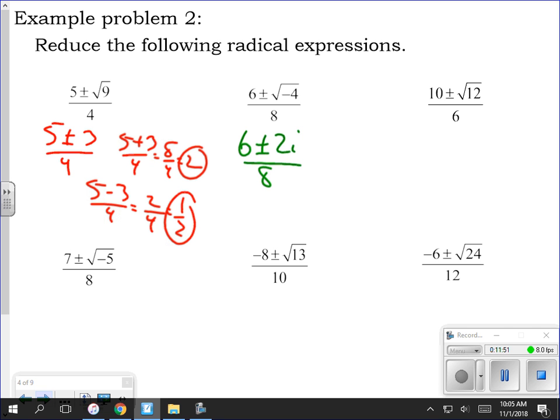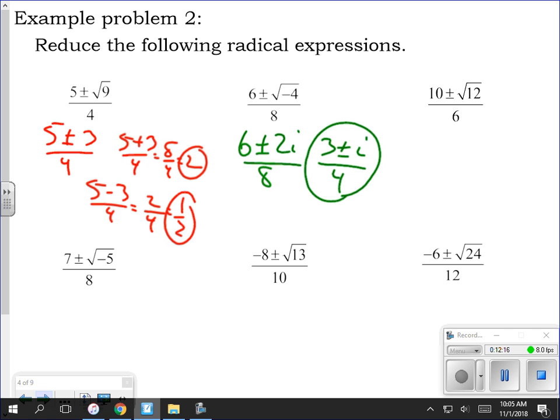In this case, because all 3 portions, and it must be all 3 portions, have to be divisible by the same number. In this case, they're all divisible by 2. So if I divide them all by 2, this gives me 3 plus or minus 1i over 4.